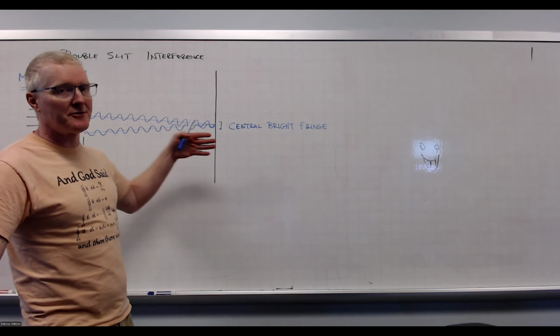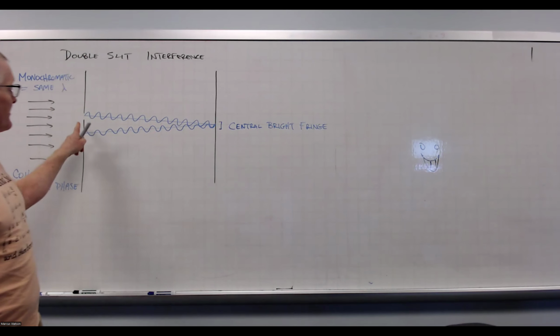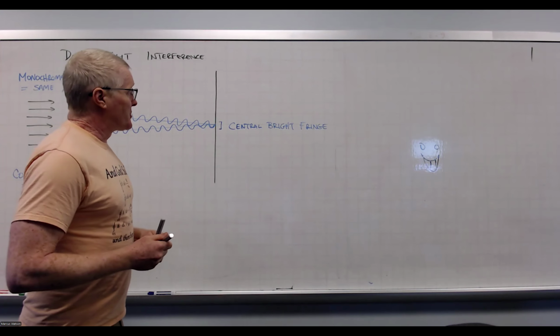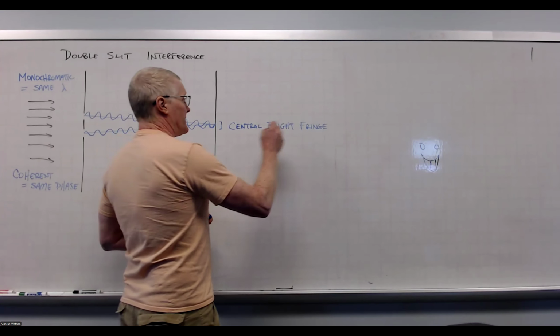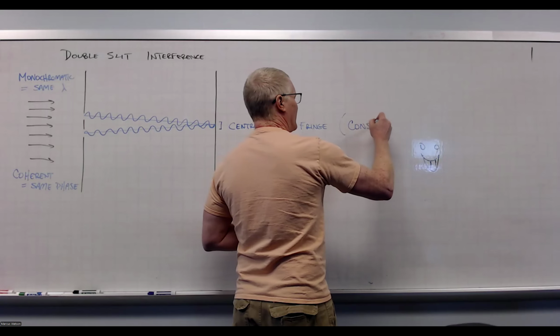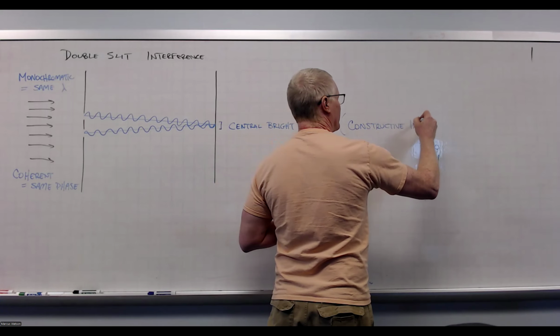There is no difference in the number of wavelengths that they traveled to get from here to there. So this is constructive, and it's the brightest one, constructive interference.